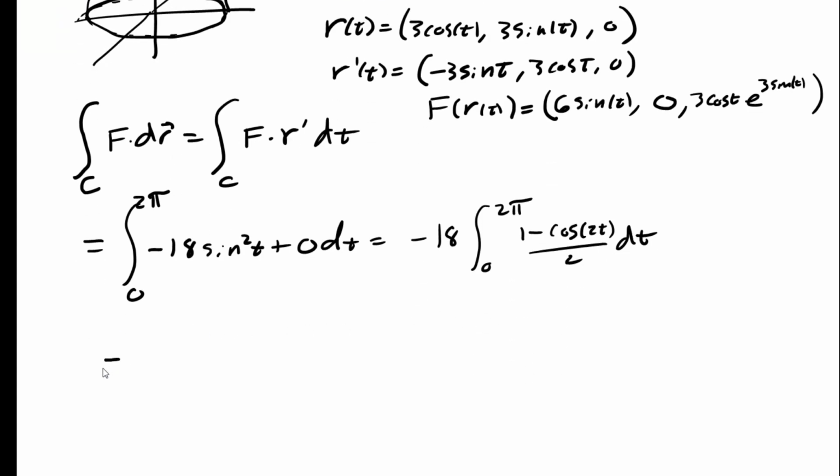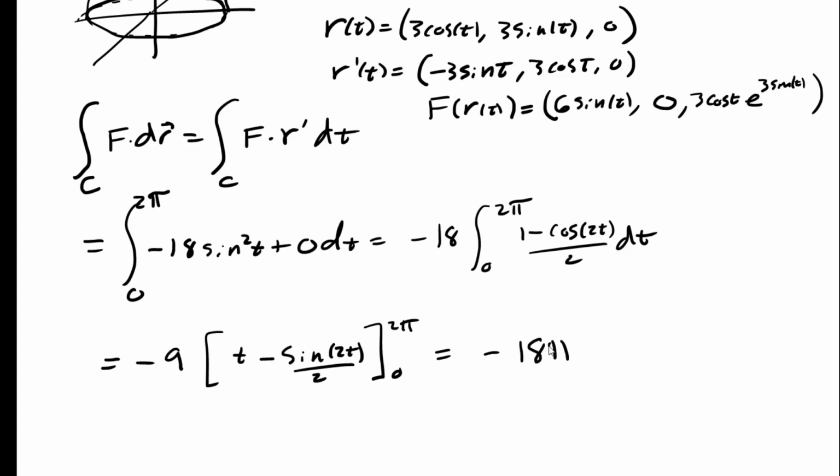I integrate to get t, and the integral of cosine is sine, from 0 to 2 pi. When I plug in 2 pi and 0, the sine term goes away, and the 0 doesn't contribute anything, so all I'm going to have is minus 18 pi.